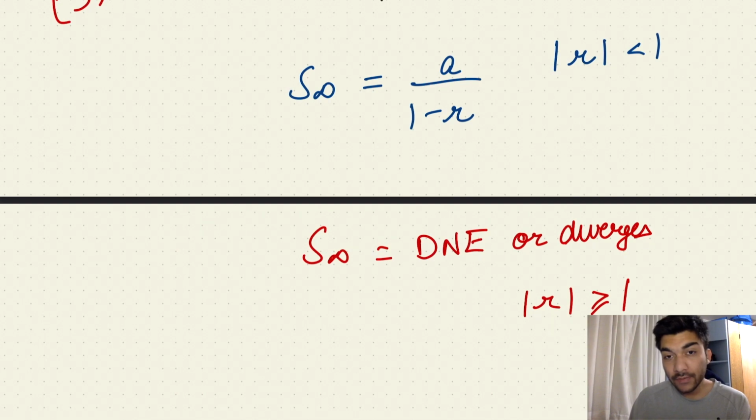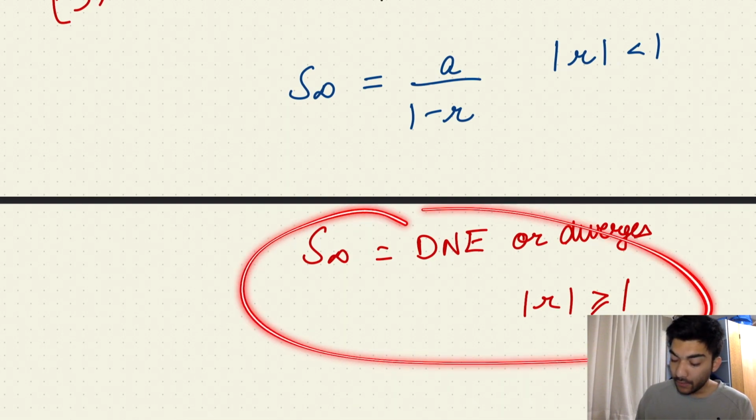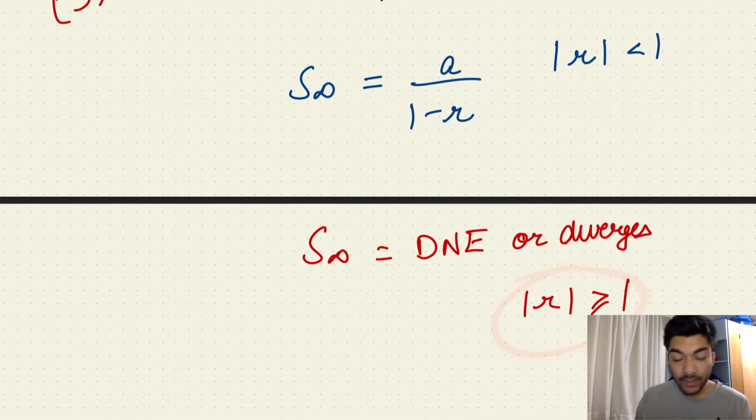This also gives us an important observation: whenever the absolute value of r is less than 1 for an infinite geometric series, our series will always converge, because the sum is a finite value. So whenever the absolute value of the common ratio is less than 1, your series converges. But if the absolute value of r is greater than or equal to 1, your series will diverge.